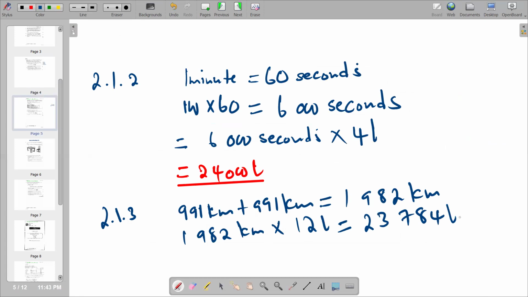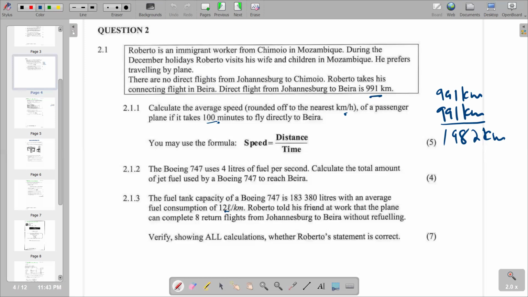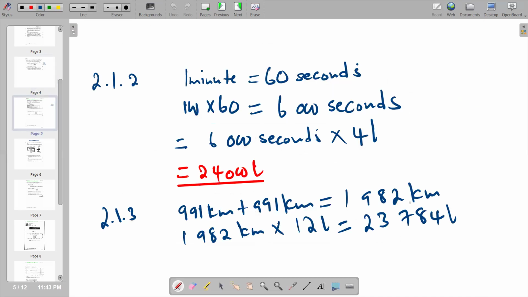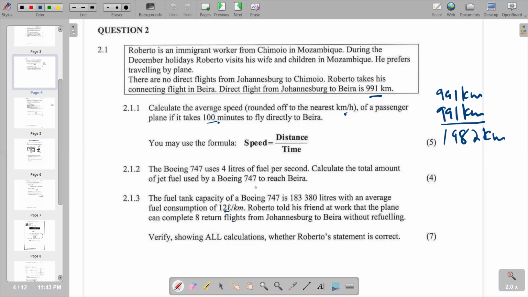23,784 liters. So referring to the question, we have 23,784 liters representing the consumption for a return flight, that is to and fro. If you refer back to the question, it says the plane can make a complete 8 return flights.